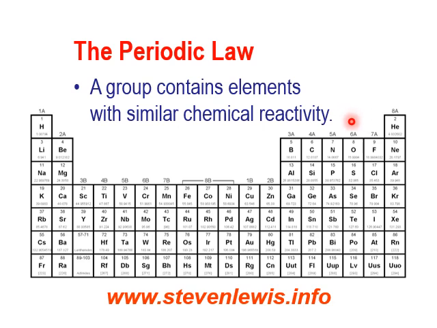Group 6, headed by oxygen, is going to be short 2 valence electrons. Group 5, headed by nitrogen, is going to be short 3 valence electrons. So I think you get the idea that the members of each group have similar chemical reactivity because they have similar valence electron structures.